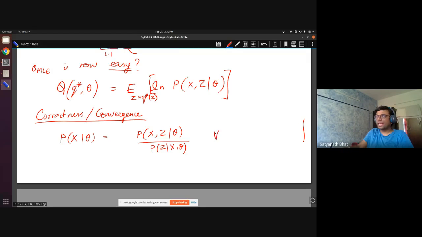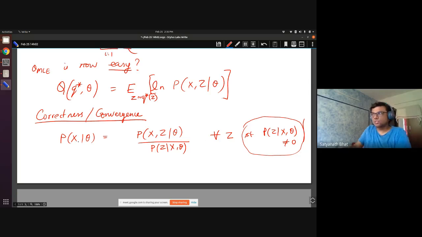This is true for any Z, for all Z such that this denominator is not 0. We will always assume this for the entire problem. If there is some Z which is exactly 0, that is not a rich model, so we will ignore that. So this is true for every Z.